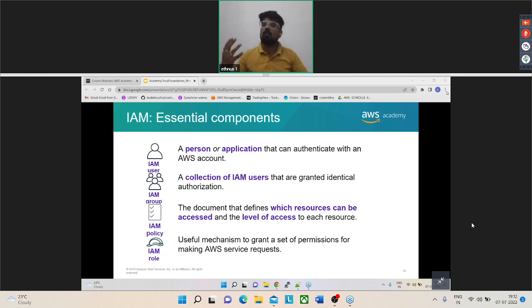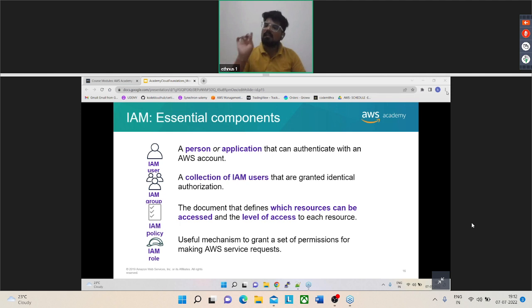Suppose there are 50 people working in your company on a single project. A manager would have the AWS root access, and suppose Nitin got onboarded on my team as the 51st member, then my team is going to create an AWS IAM user with his user ID, and then he can log into the AWS account using that IAM user.